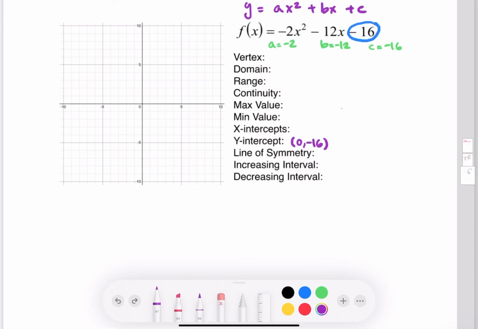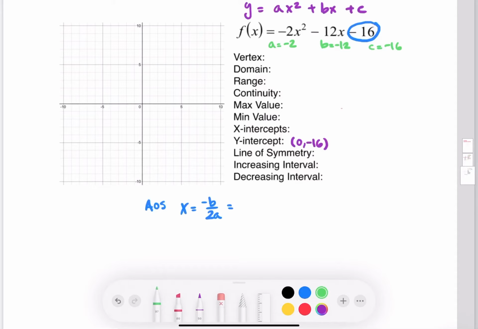Okay. Now, when I go ahead and figure out my vertex form, that's going to require a little bit of work. So we need to figure out, well, what is that vertex? We want to use the formula for our axis of symmetry: x is equal to -b over 2a.